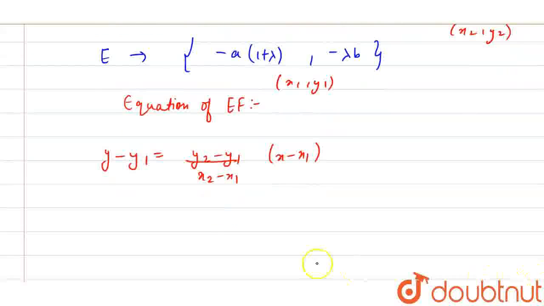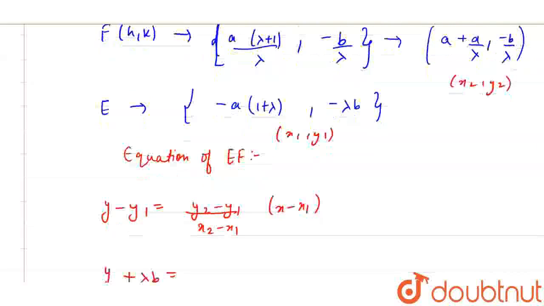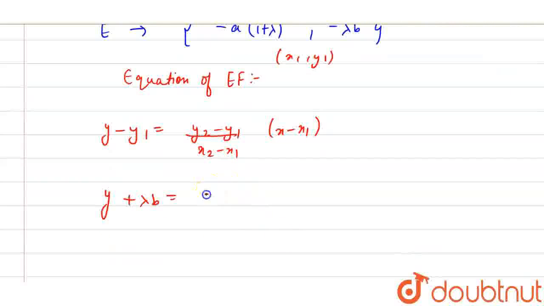Now by putting in the values, we get y minus y1, where y1 is negative lambda b, so it becomes y plus lambda b, equals y2 minus y1. The y2 value is minus b by lambda, and minus y1 will again become plus lambda b, divided by x2 minus x1.